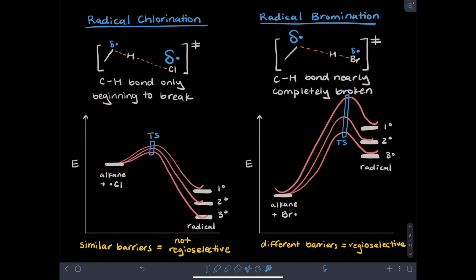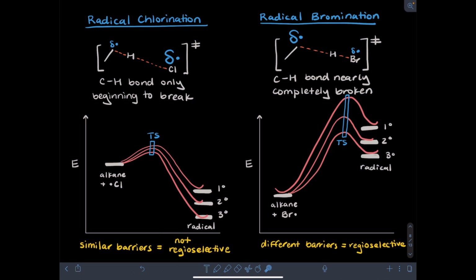Overall, what you see is that in the case of radical chlorination, you get similar barriers leading to the different carbon radicals, and the similar barriers mean that the reaction is not regioselective. There's not much of a preference for forming a tertiary carbon radical compared to a secondary or primary one.